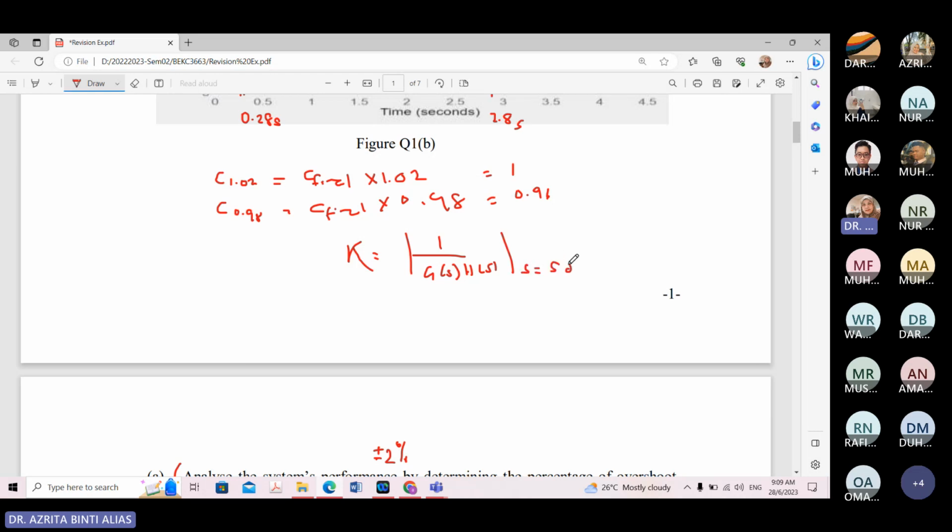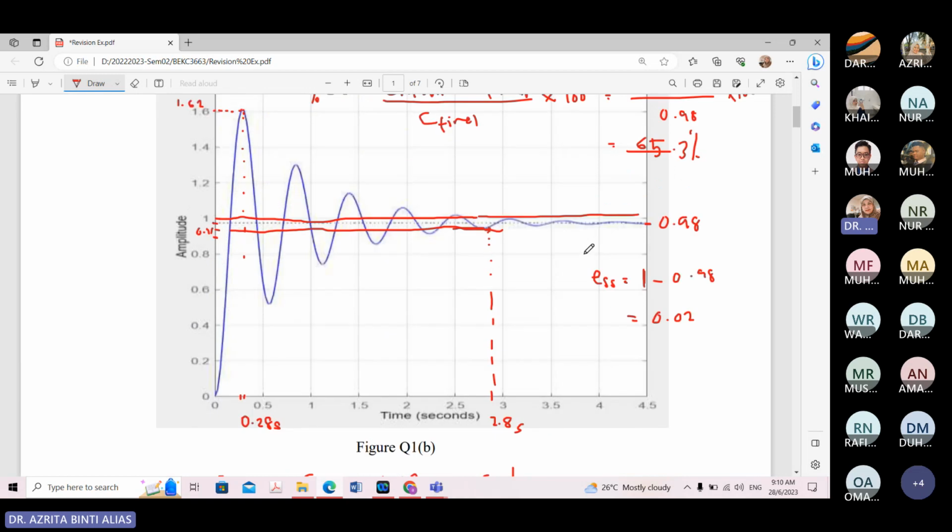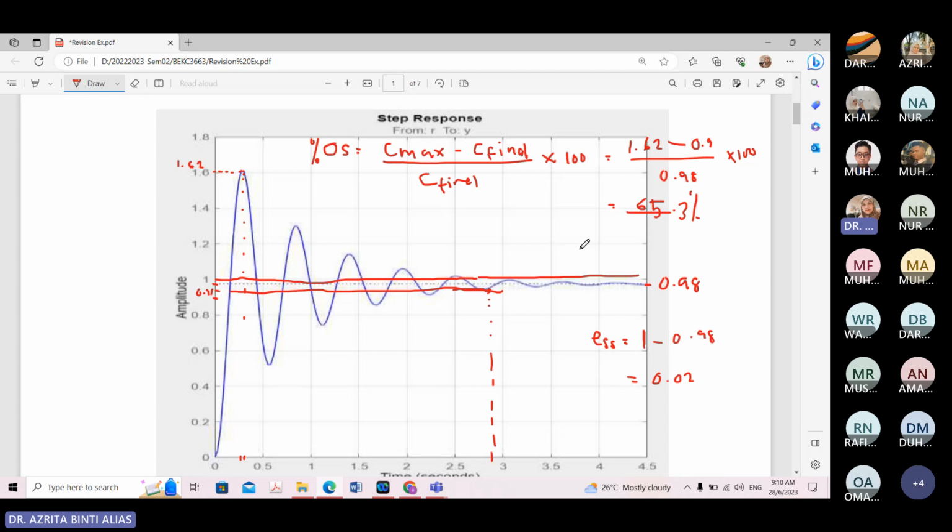So that means if we want to design the K gain value, we need to first have the ST location. In the example that we have done before to find the ST location, we refer to the root locus. But this question is different.